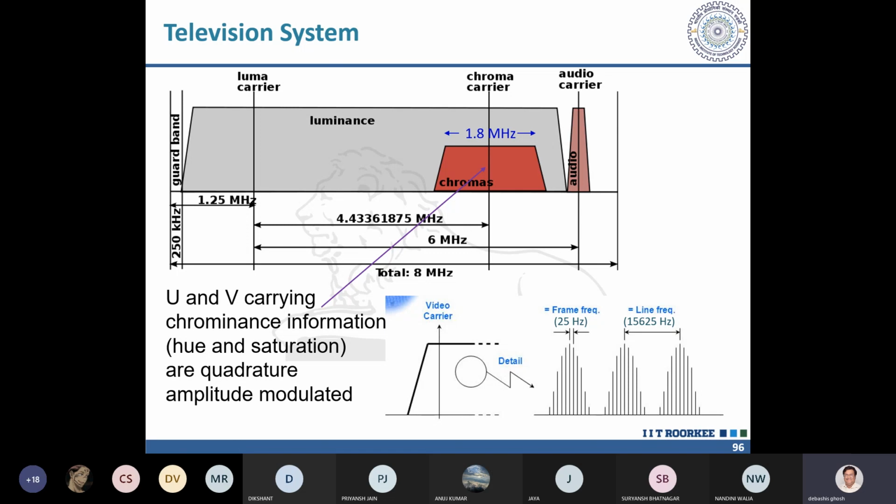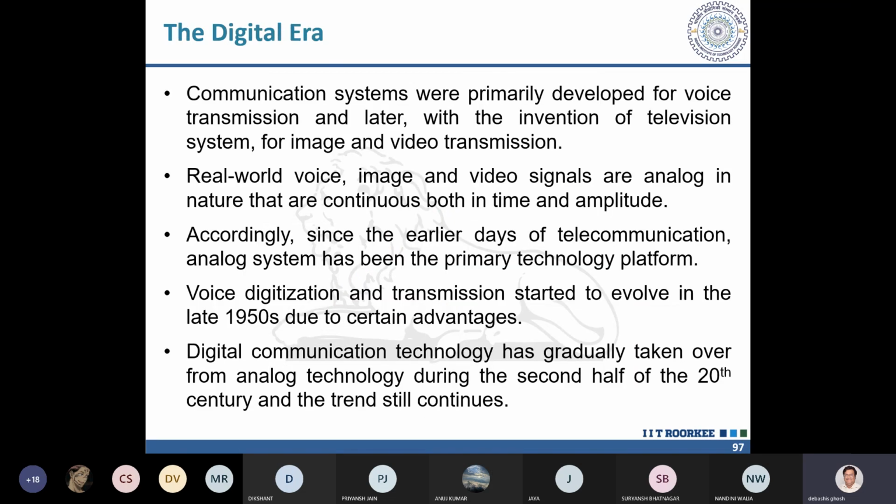So today I have completed up to this. I couldn't complete a few slides, some 5-6 slides on digital communication, where I'll just give you a basic idea.